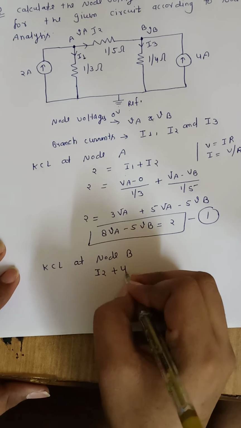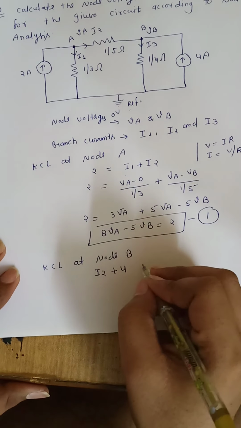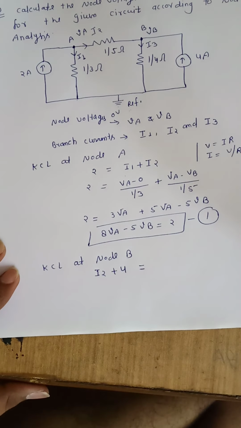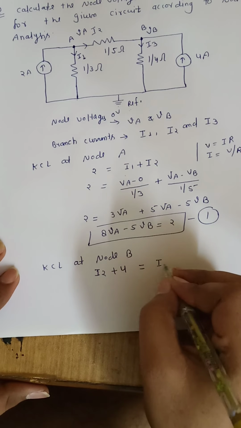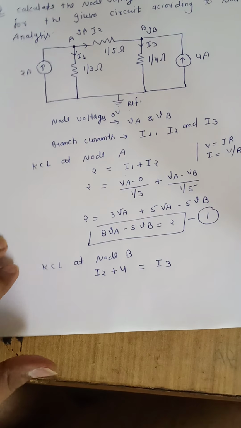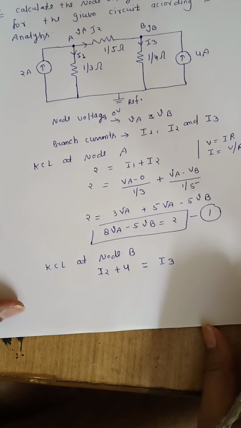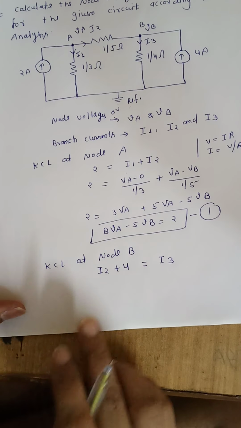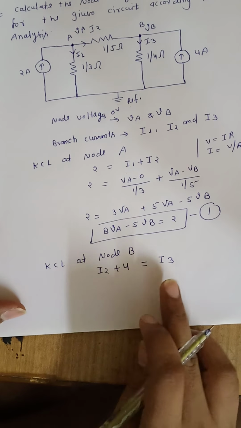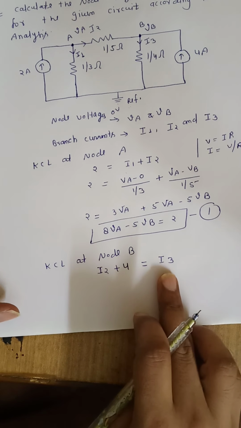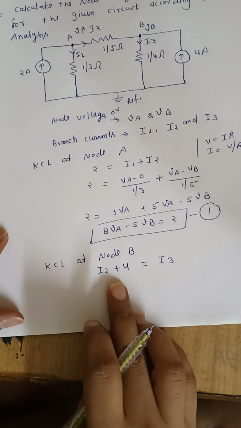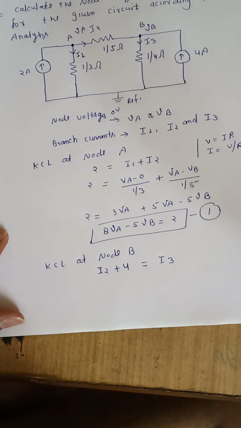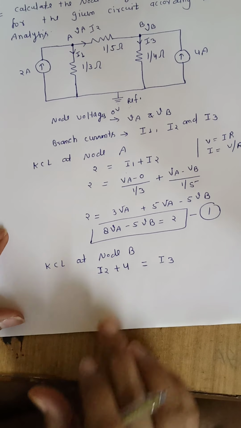So I2 plus 4 equal to I3, where I3 is the outgoing current from node B. According to KCL, for node B, the sum of incoming currents is equal to the sum of outgoing currents.